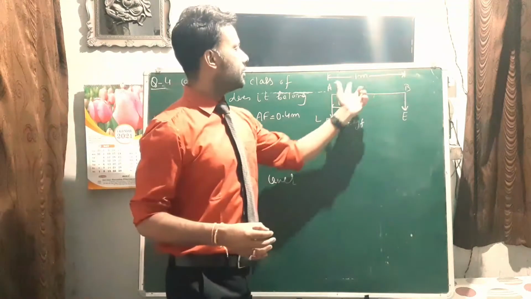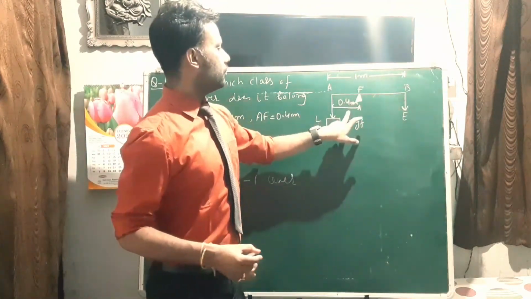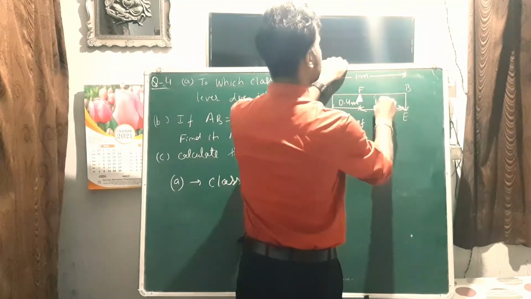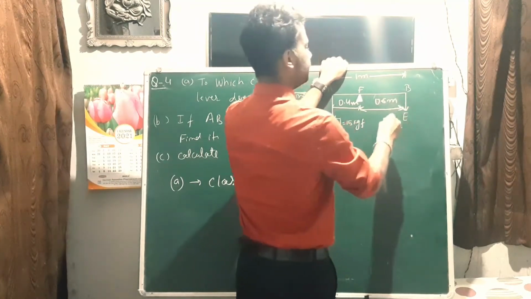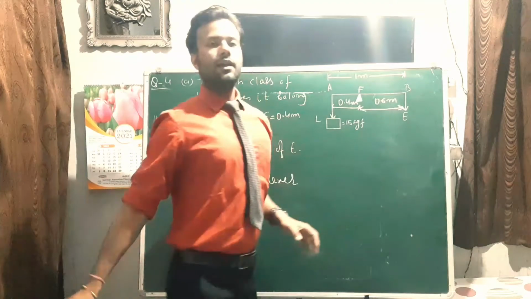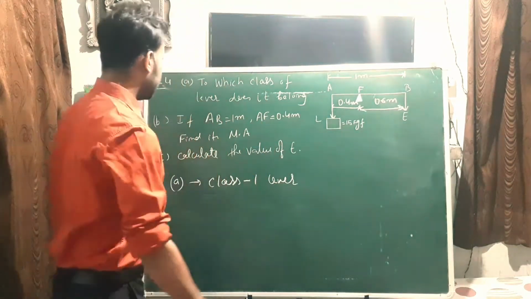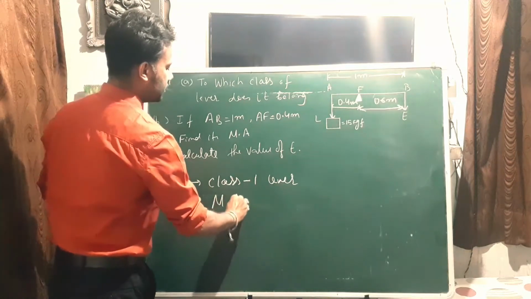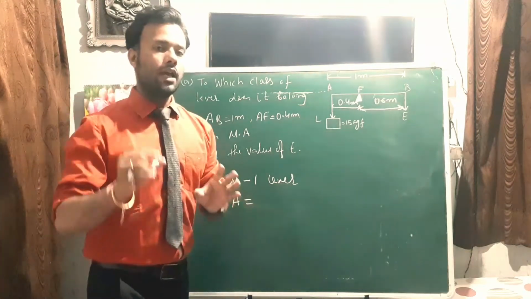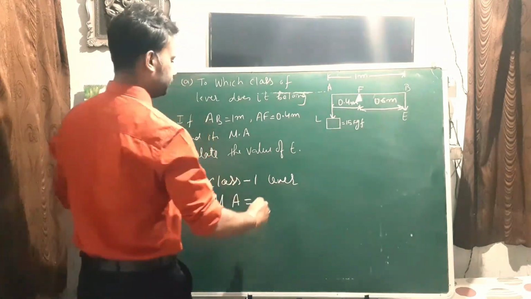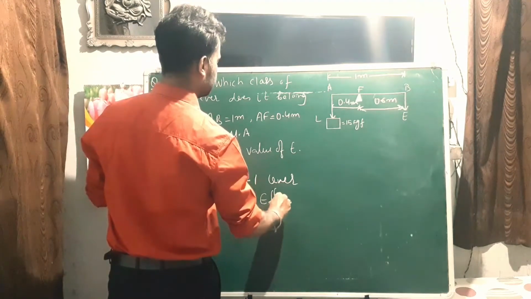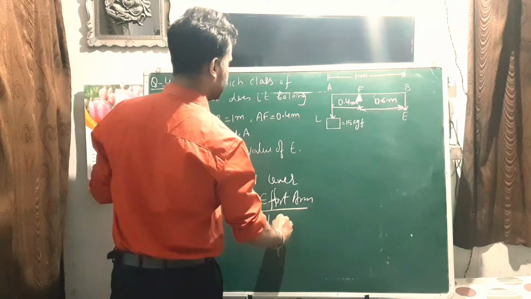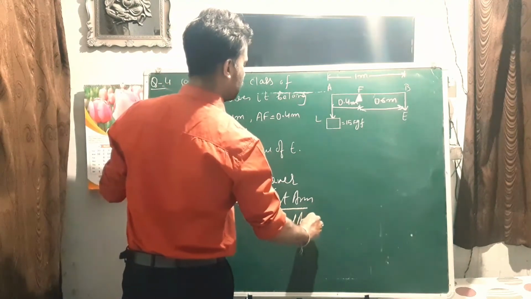Alright. Now second says that if AB is 1 meter and AF is 0.4 meter, find the mechanical advantage. So obviously total is 1 meter, AF is 0.4 meter, so FB will be 0.6 meter, right? Now mechanical advantage is equal to effort arm divided by load arm.